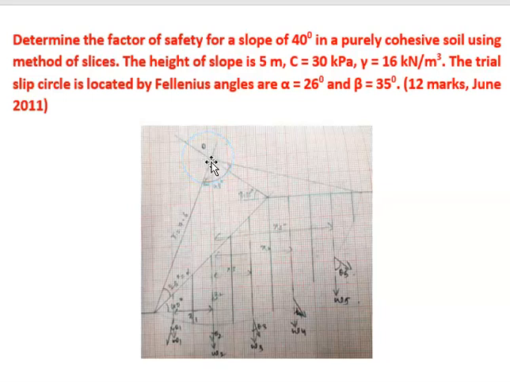So from this, we have to measure the distance between the toe point and point O, and we should take it as R. So from this graph, we can find the radius R. Then by taking this radius, we have to draw the slip surface by taking O as center and R as radius.